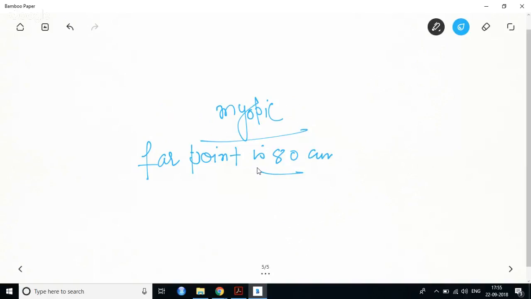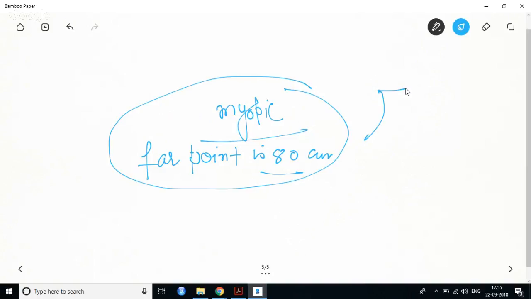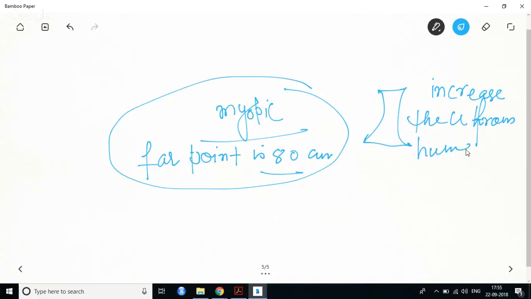How much should the far point be? Let's understand this question by this. Finally, if I use a concave lens, what will the concave lens do? The concave lens will increase the U from the human eye.